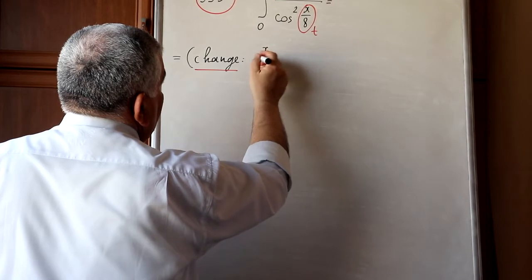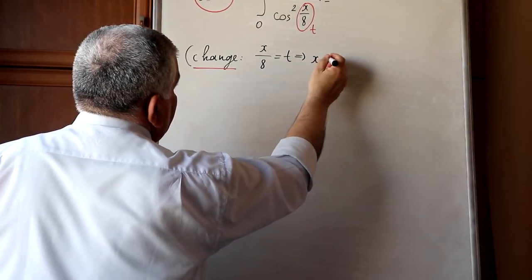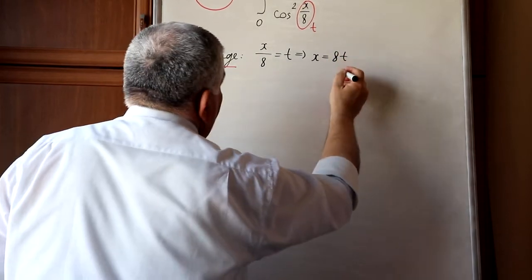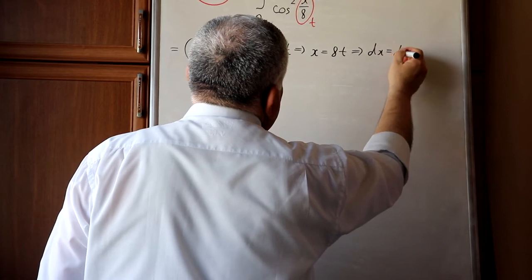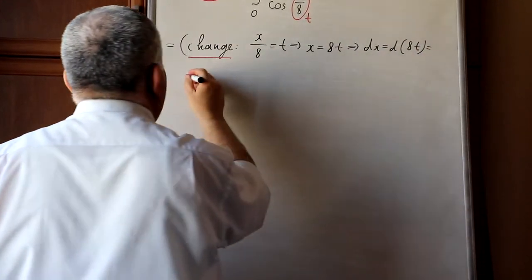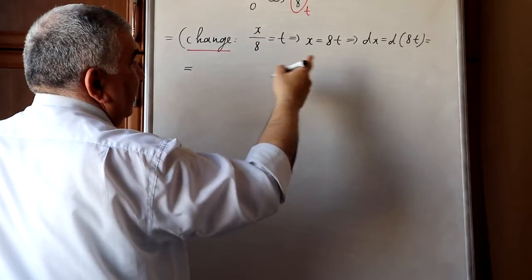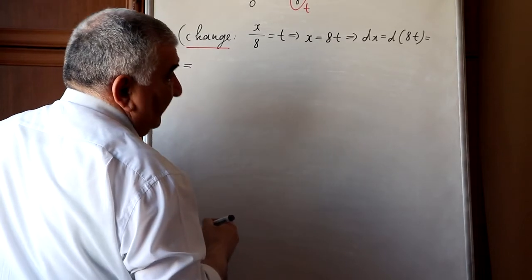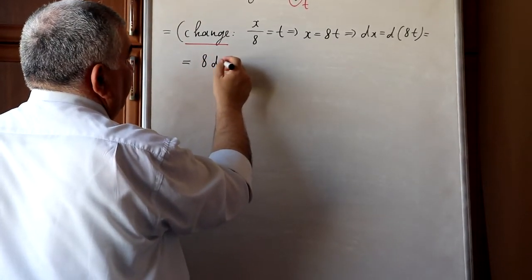X over 8 is t, then x is 8t, then find dx. Dx is d of 8t. 8 is a constant factor which can be taken out of the differential symbol, and we will obtain 8 dt.